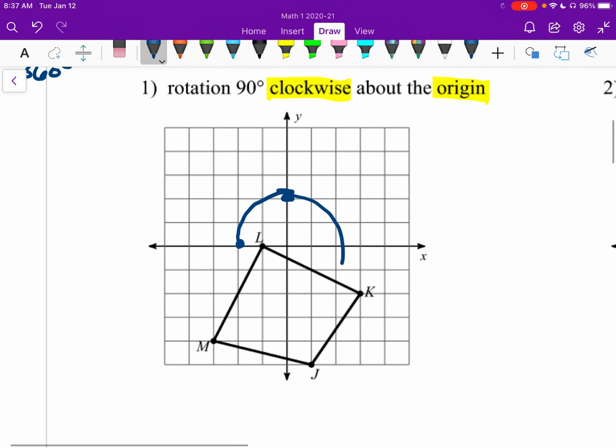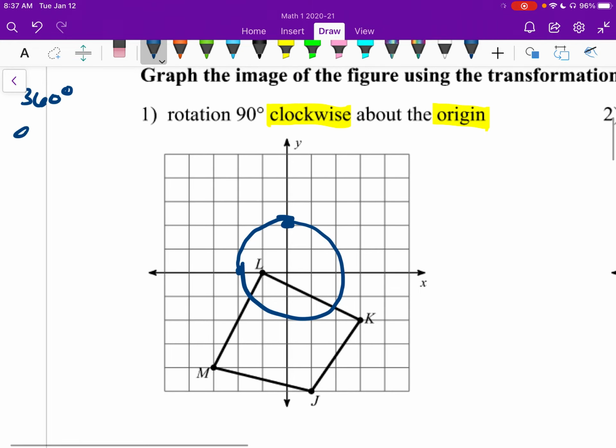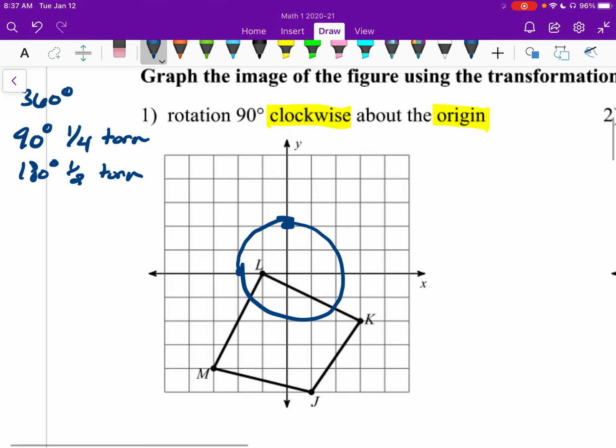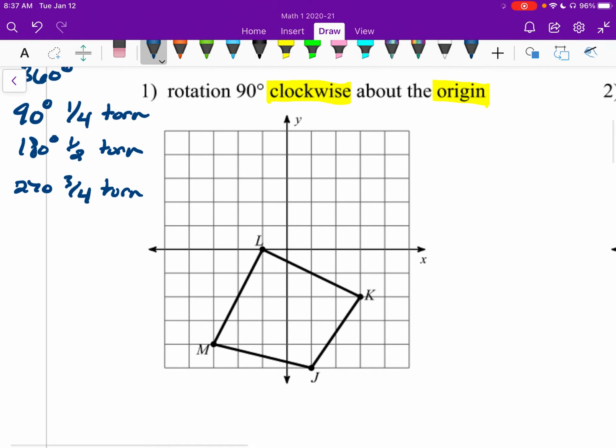Because we could say that, well, there's a circle, and there's 360 degrees in a circle. 90 degrees is a quarter turn. 180 degrees is a half turn. And then 270 is a 3/4 turn, right? Those are just increments of 90. So looking back at L, whenever we rotate clockwise, we're going to rotate a quarter turn. So L prime is going to be right there.